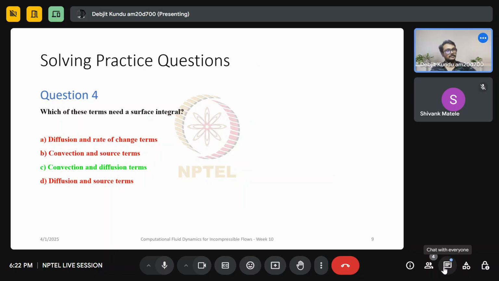It is indeed correct. So basically, these are what consists of the flux term, which is sometimes represented by this J vector, which is U vector multiplied by phi plus the diffusion coefficient times the gradient of phi.